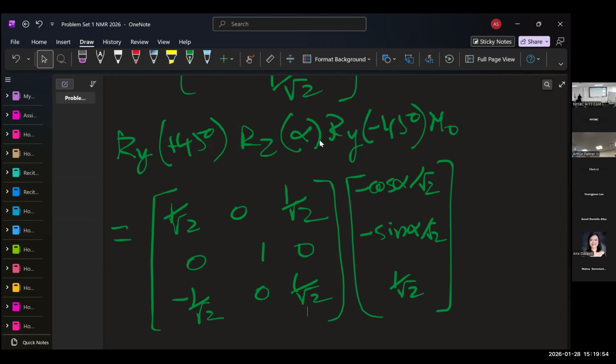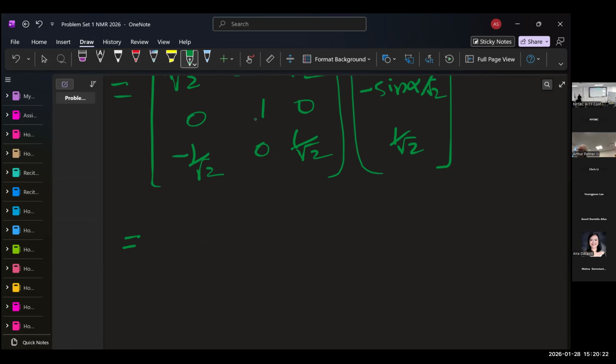And then the X part rotates to minus Z. We're going to have a minus 1/√2 multiplied by the minus cosine alpha over √2. We're going to end up with a plus cosine alpha over 2 in Z, a contribution to Z just from that component. So that's what Art is pointing out here. You'll get this, and then you get this.